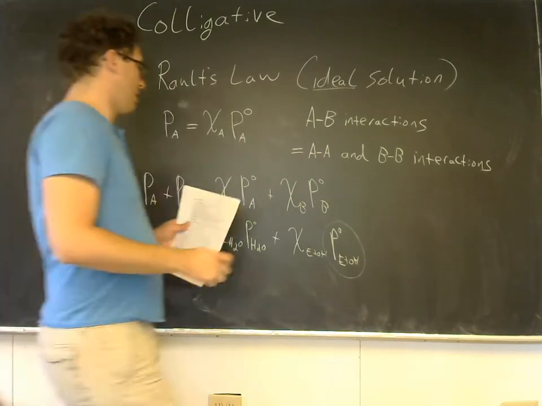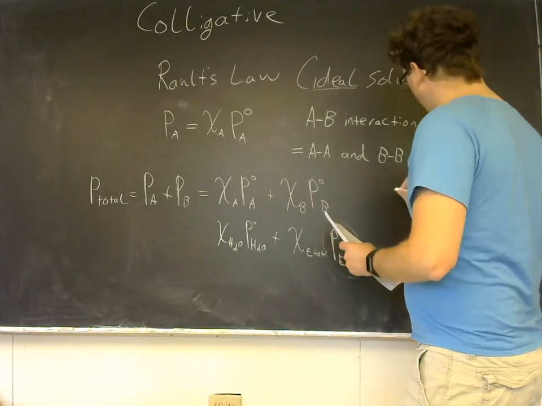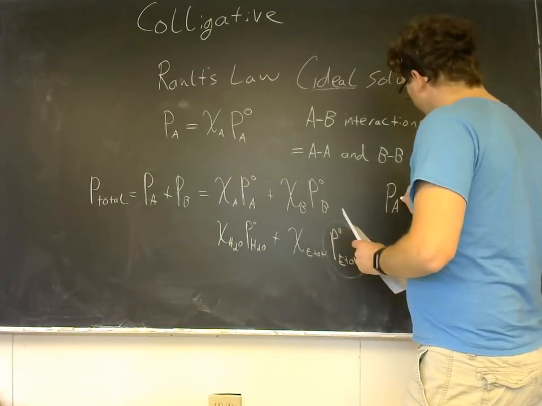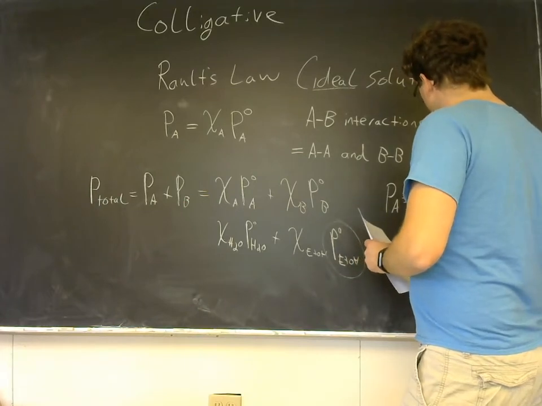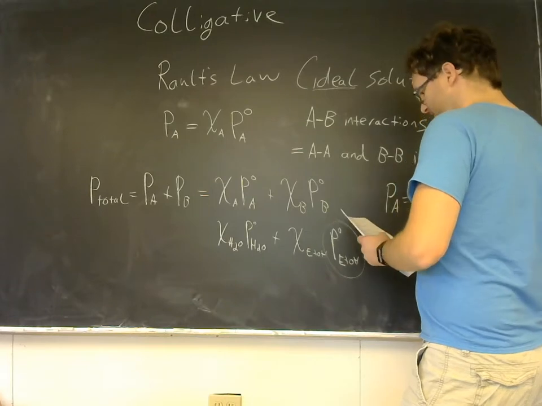Now, we know that Dalton's law of partial pressures says that the pressure of A is equal to chi A times P total.